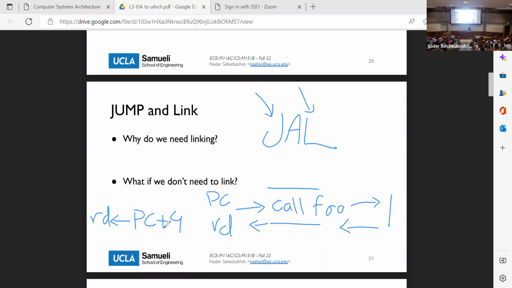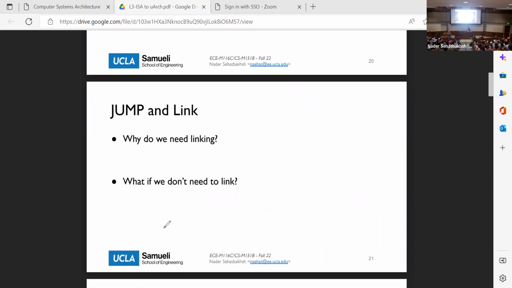Good. Cool. Another question is, what if we don't need the link? I just don't want to link. There's no return. I don't want to return. You still need to execute jump and link, but there is a trick that people use: set RD equal to X0. Remember I told you that you cannot write things to X0.